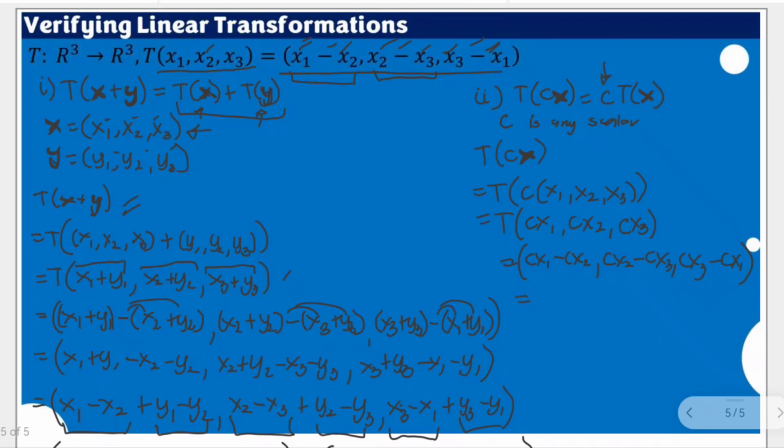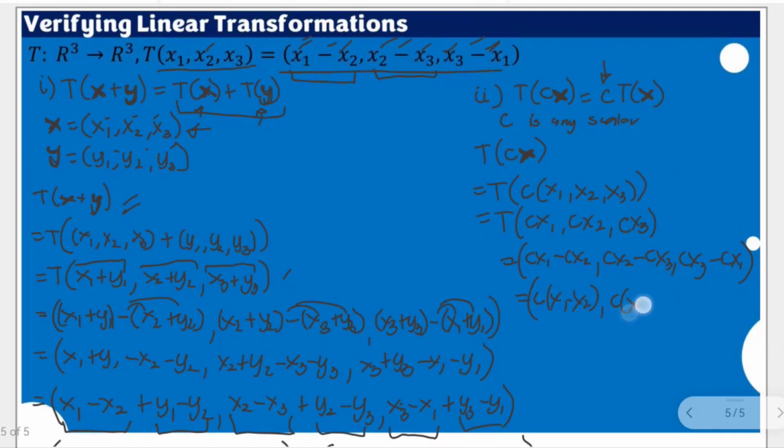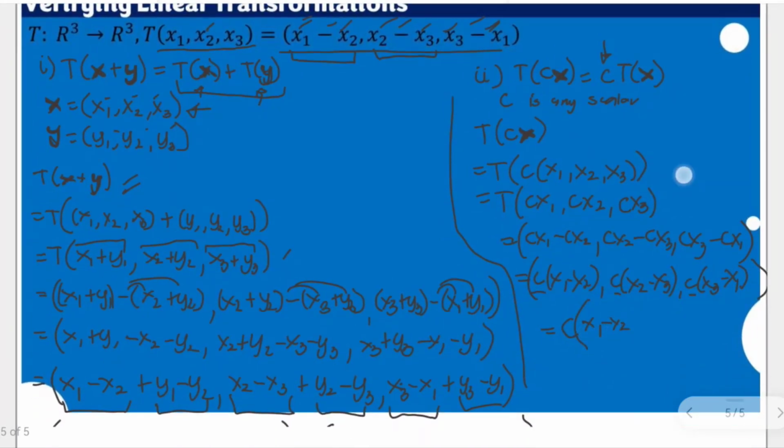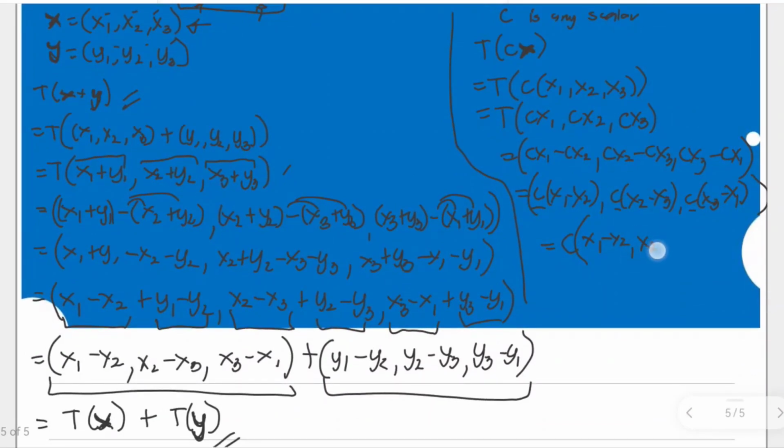Here we can factor c out of all of them. So you have x sub 1 minus x sub 2 times c, x sub 2 minus x sub 3 times c, x sub 3 minus x sub 1 times c. Now since all components have c, we can simply take it out. Once we take out c, what's left is x sub 1 minus x sub 2, second, x sub 2 minus x sub 3, then x sub 3 minus x sub 1.